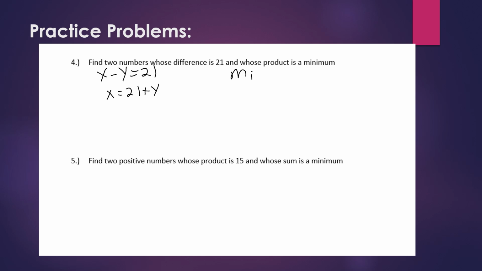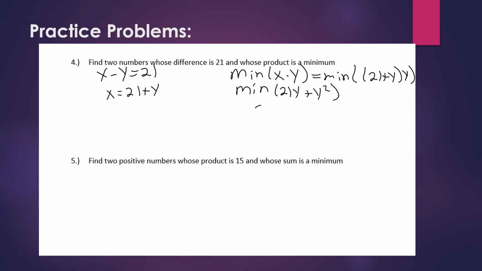We're trying to minimize x times y, which means that we're trying to minimize 21 plus y times y, which would be minimizing 21y plus y squared. So we're going to take its derivative. We get just 21 plus 2y, and we're setting that equal to 0.